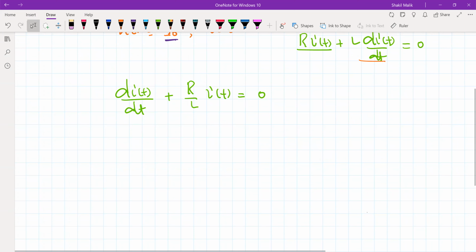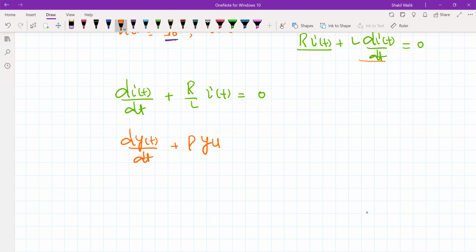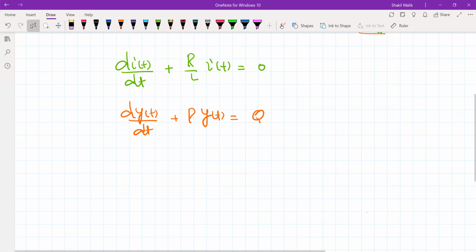Now, if we compare this equation with the standard form dy/dt plus P y is equal to Q, then we learn that here y is the same as i(t), P is equal to R by L, and Q is equal to 0 for this expression. So again, this becomes a linear differential equation.